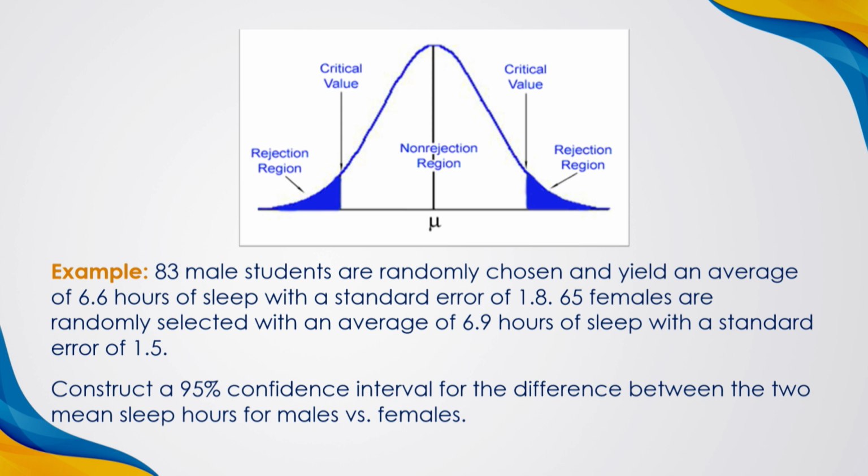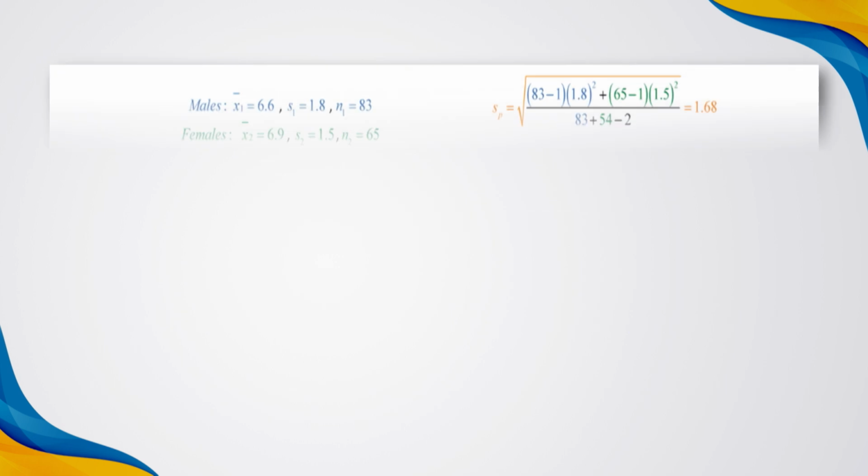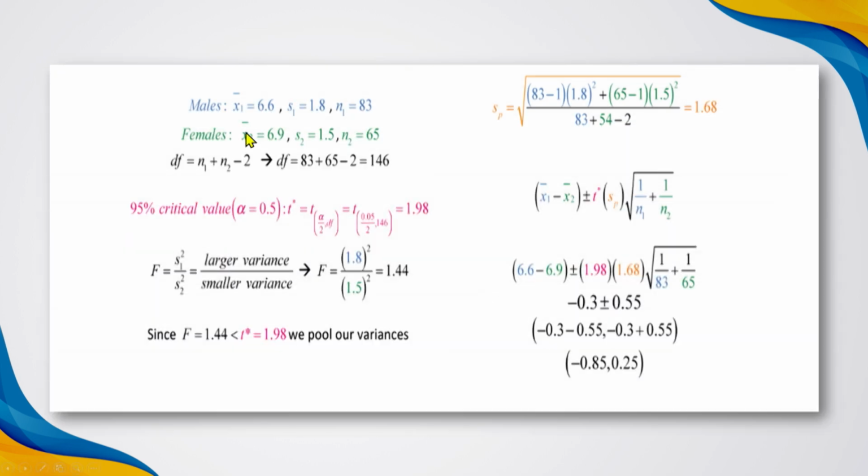Construct a 95% confidence interval for the difference between the two mean sleep hours for males and females. Given information for males, x1 bar is equal to 6.6, s1 is equal to 1.8 and n1 is equal to 83. And for females, x2 bar is equal to 6.9, s2 is equal to 1.5 and n2 is equal to 65.